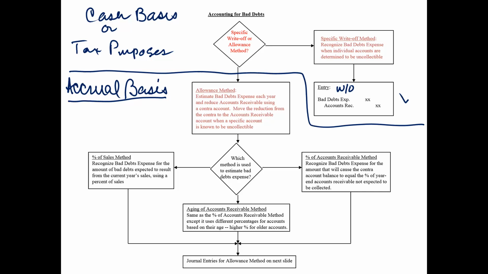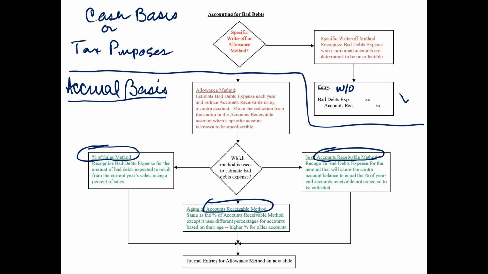So what we always say is expenses follow the revenue. Now, there's different methods. One is based on sales and the other one is based on receivables. And in this particular chart, they've given you two receivable methods, but they're pretty much the same.